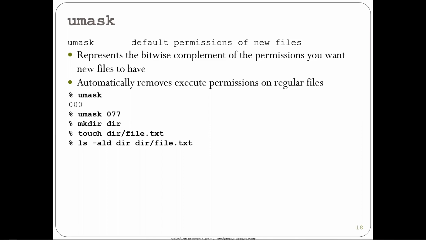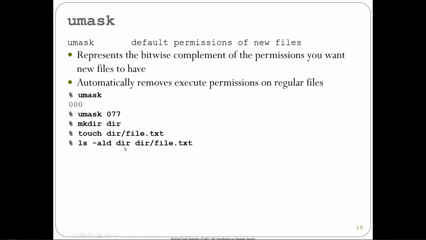And so if you set your umask to be 077, the bitwise complement is 700. This allows only you to read, write, and execute any file that you create by default. And so this is what I do. I can set it to 077. I'll create a directory and I'll create a file in that directory.